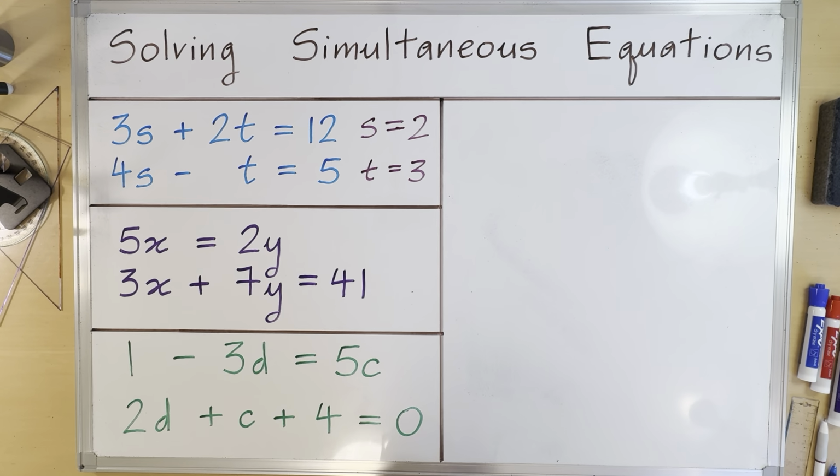So now, positive 35x plus positive 6x gives us positive 41x. Negative 14y plus positive 14y gives us 0, so we don't have to write anything. So this is the only term on the left side of the equal sign. 0 plus positive 82 still gives us positive 82.